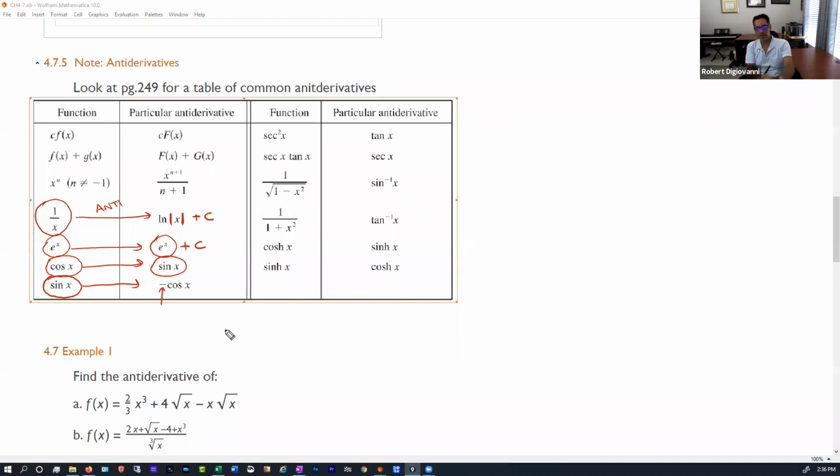And that's because if I were to just take the derivative of cosine, right, I would get negative sine, and that's not what I want. I'm saying what's the antiderivative of positive sine? So I'd need a negative in front of the cosine, so that when I take the derivative of it, I would get a double negative, which would turn it into a positive. Does that make sense?